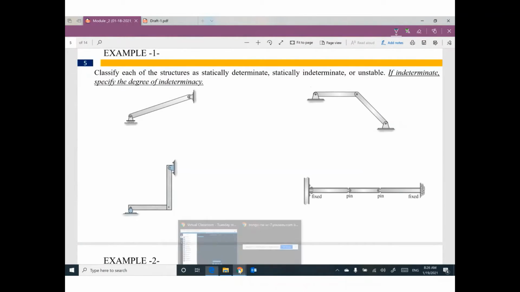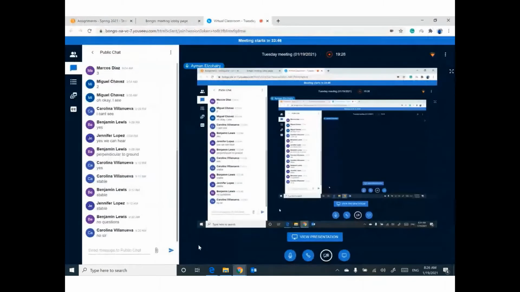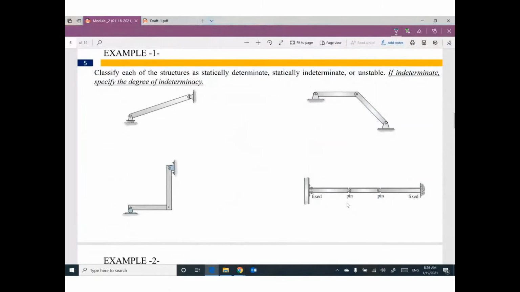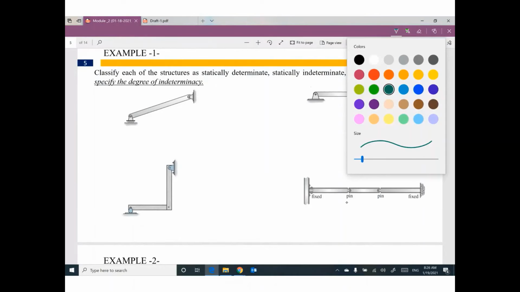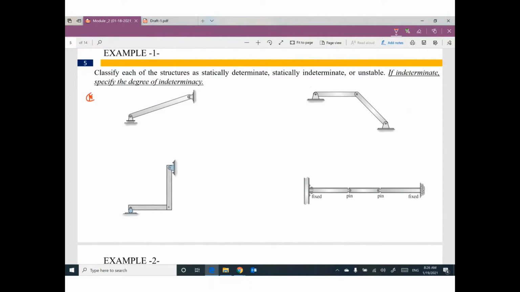Example number 1. Let's do the first example. We should expect one question like this in your coming exam. Classify each of the following structures as statically determinate, statically indeterminate, or unstable.